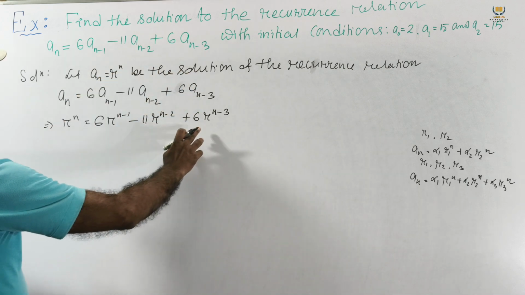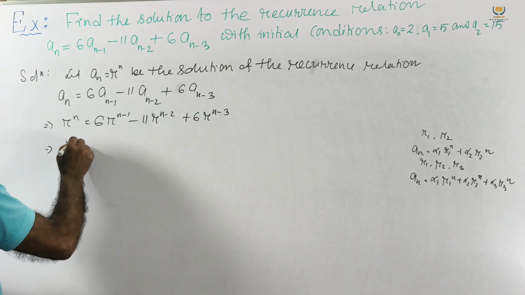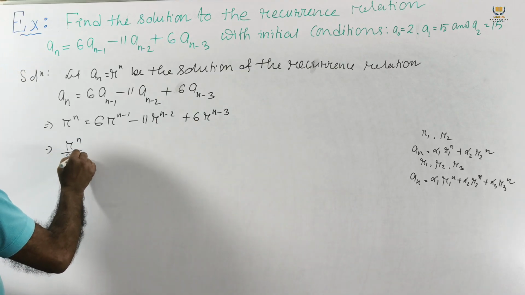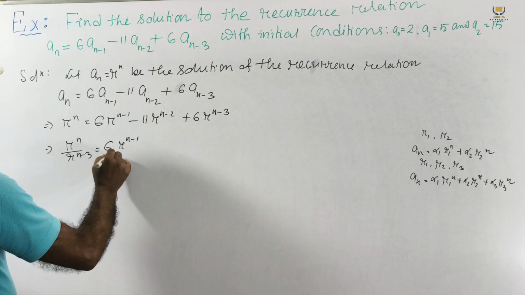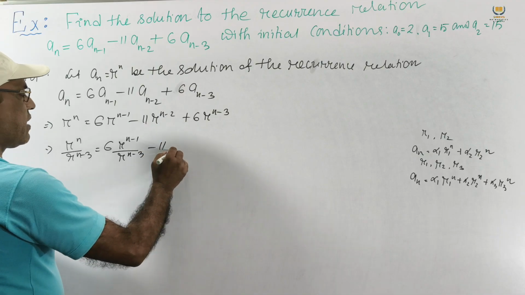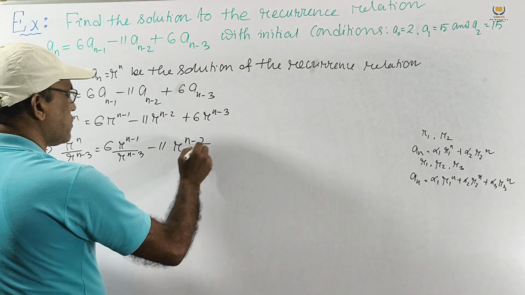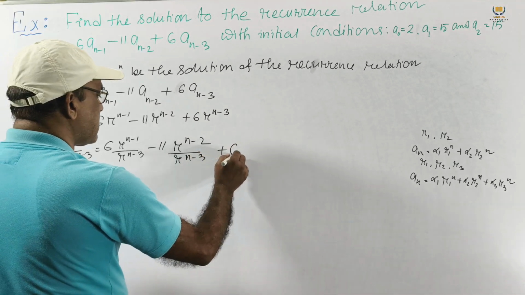Now we are dividing both sides by this factor, r to the power n minus 3. We get r to the power n by r to the power n minus 3, 6 r to the power n minus 1 by r to the power n minus 3, 11 r to the power n minus 2 by r to the power n minus 3, plus 6.